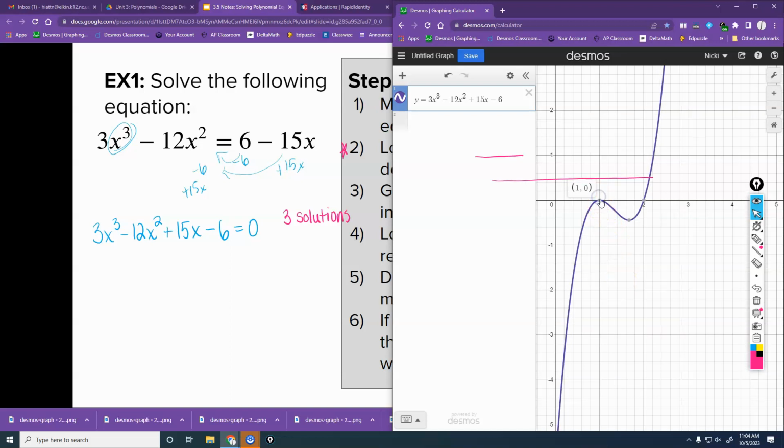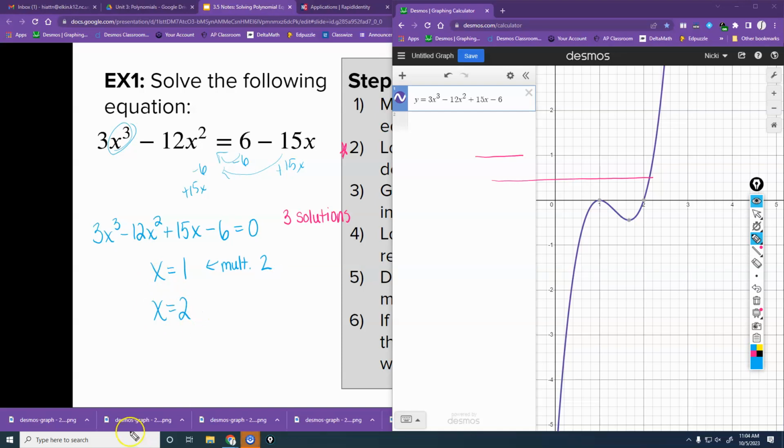All right, so this graph, how many zeros do you see? 2. So does that mean I got 2 real and 1 imaginary? No, because can we ever have 1 imaginary? No. So this actually has 3 solutions, but one of them has a multiplicity of 2, right? So my answers would be x equals 1 with a multiplicity of 2 and x equals 2.